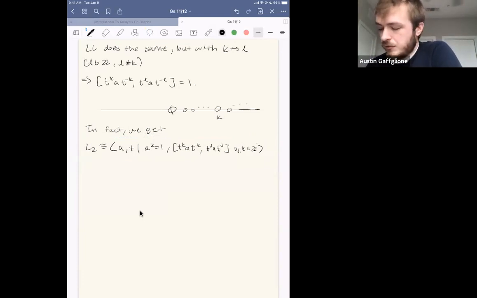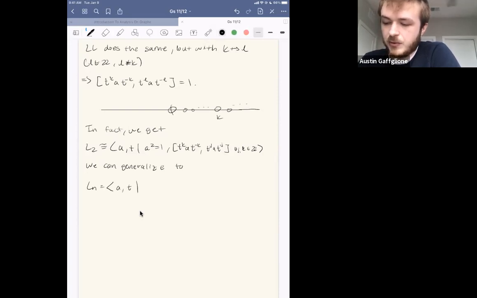And in fact, we can generalize this. So Ln. It's the same idea, except the defining relation A squared is equal to 1, we replace it with A to the n is equal to 1.